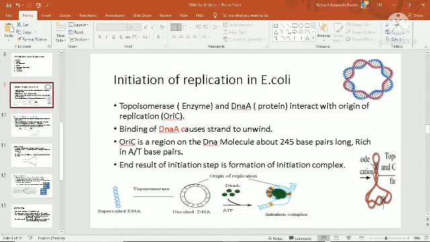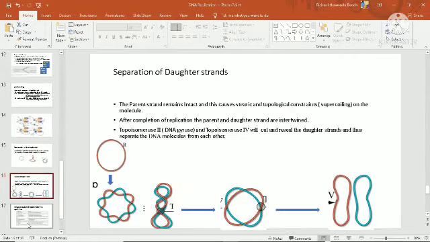What topoisomerase does, let me use this as an example. You have the DNA molecule tangled up, and what the topoisomerase will do is break it, straighten it, and then put it back together.